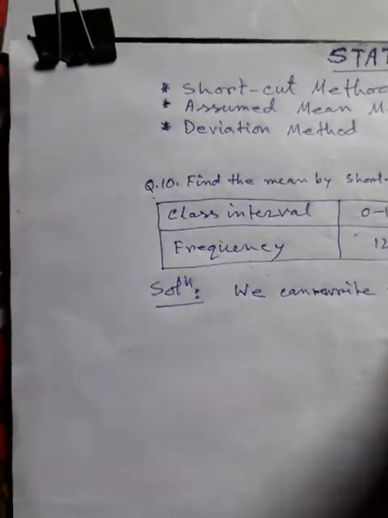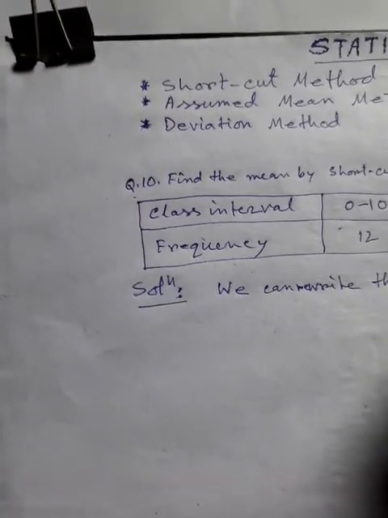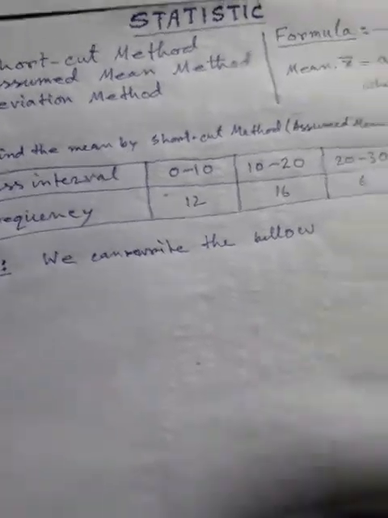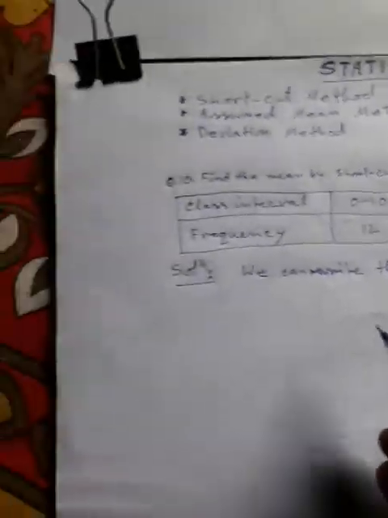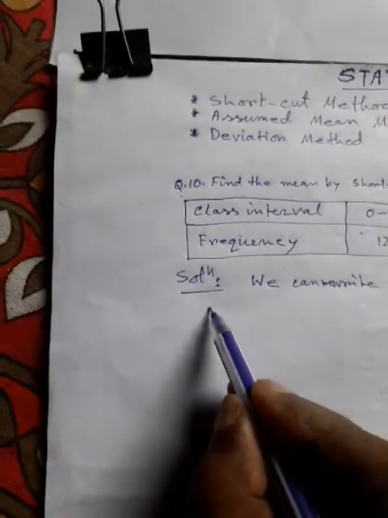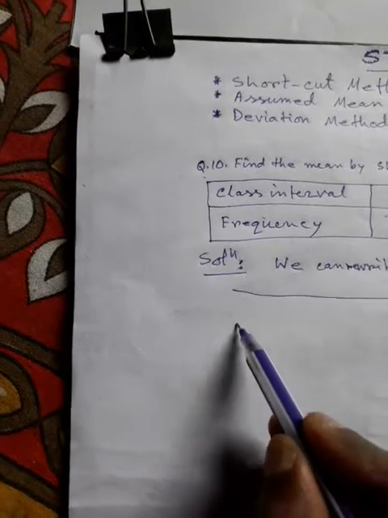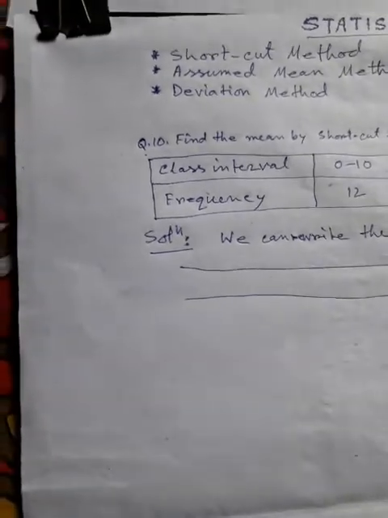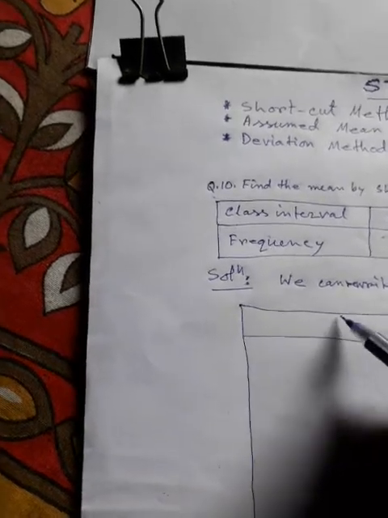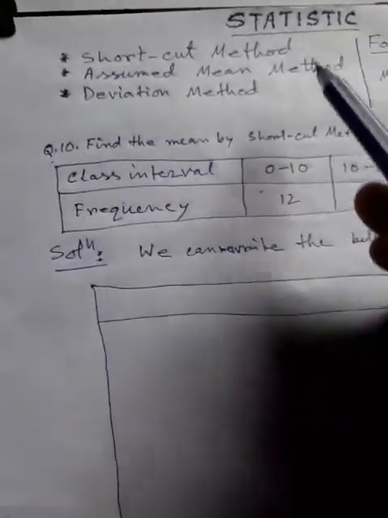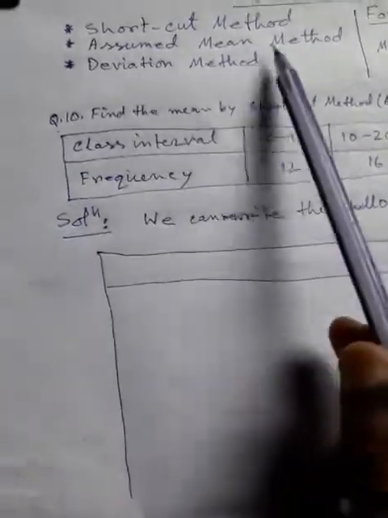We can rewrite the table below. Here it is the shortcut method, or deviation method, or assume mean method.